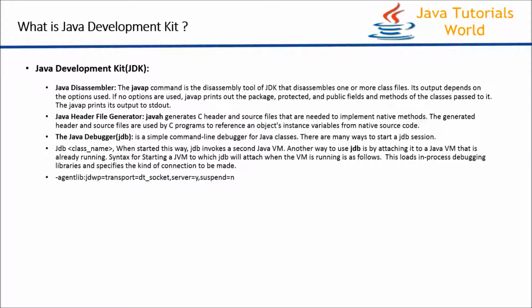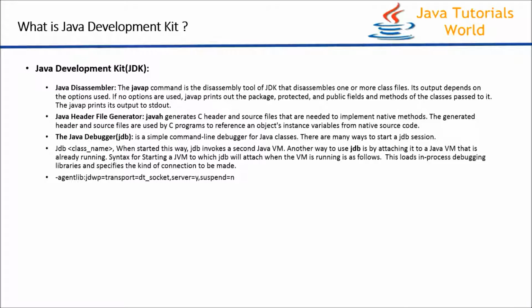When we start jdb in this way, a separate JVM will be invoked as part of this. Another way to invoke jdb is by attaching it to a JVM that was already running. This is the syntax to attach jdb to an existing JVM.